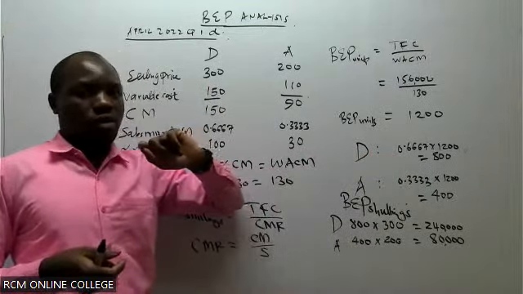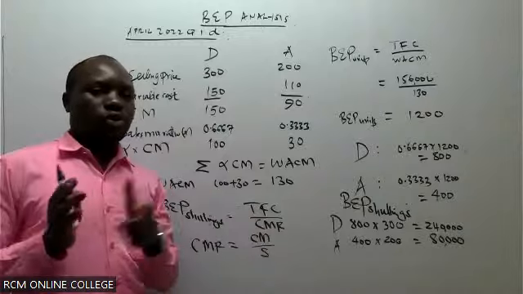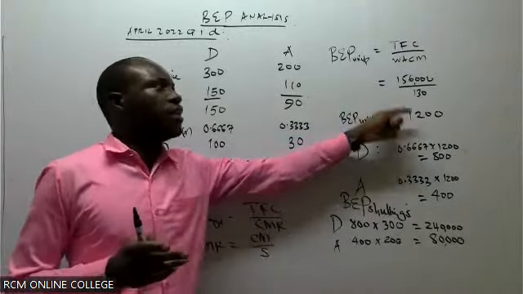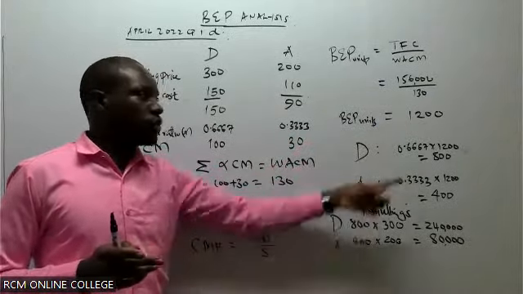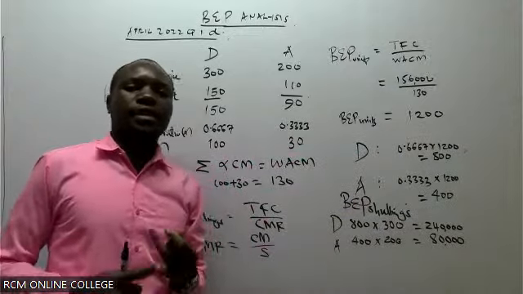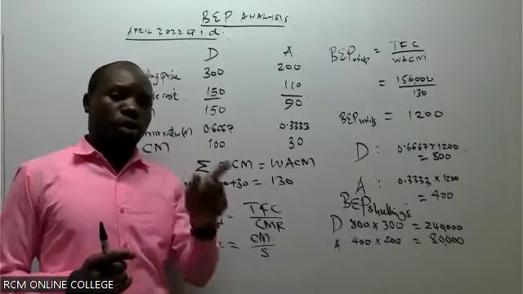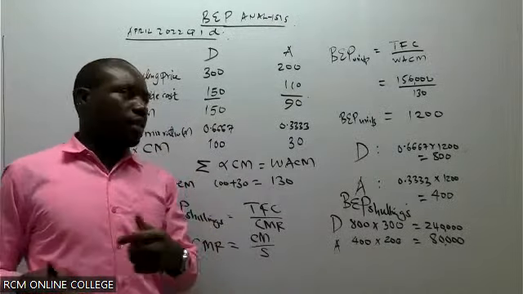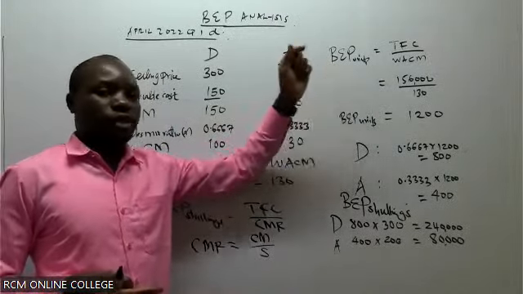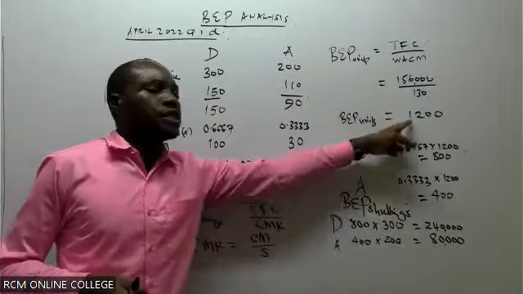No. So which basis are we going to use to distribute the 1200 to these two different products? Because this 1200 here entails units of D and units of A, not just a single product. There are multiple products, and therefore, that's why the sales mix ratio is helping us to distribute this.